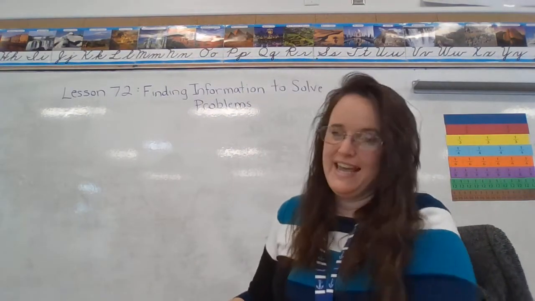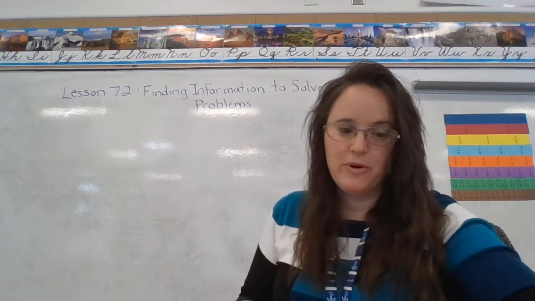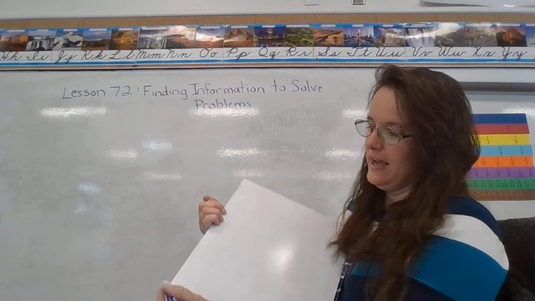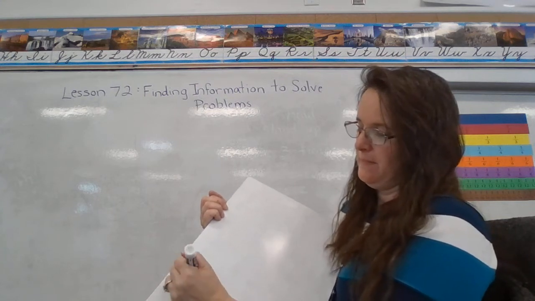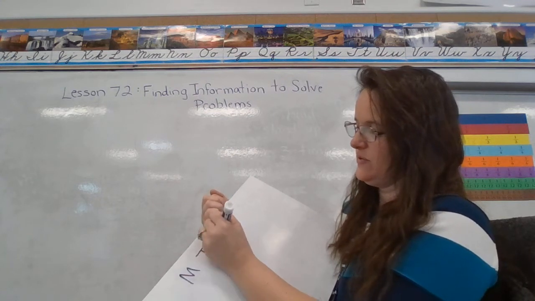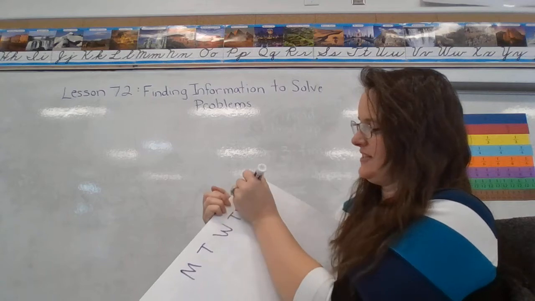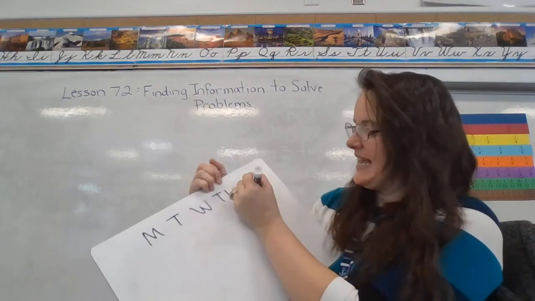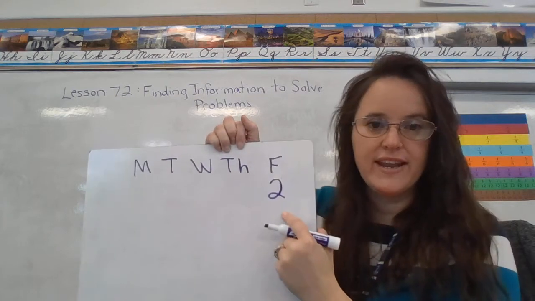So I would say my strategy for a problem like this is I almost make a calendar. I'm just going to put Monday through Friday. Monday, Tuesday, Wednesday, Thursday, Friday. I know that February 2nd was on Friday.